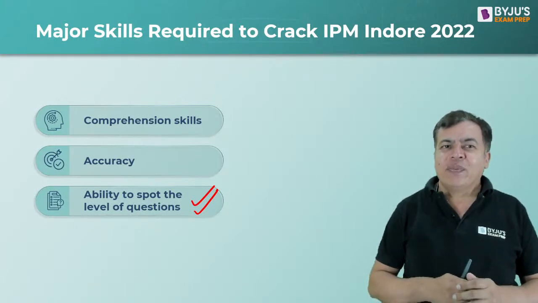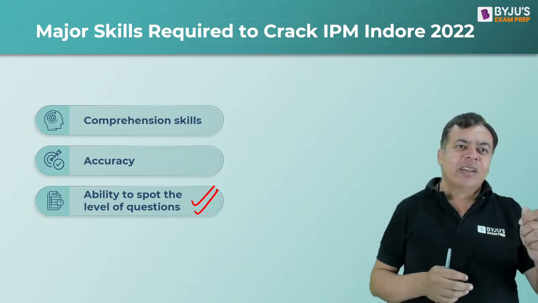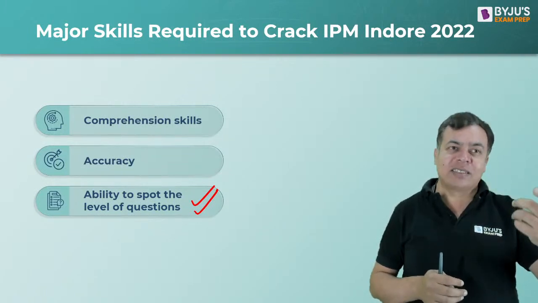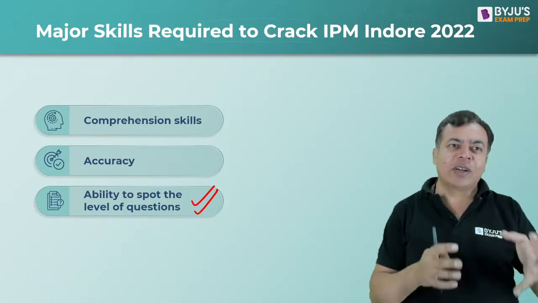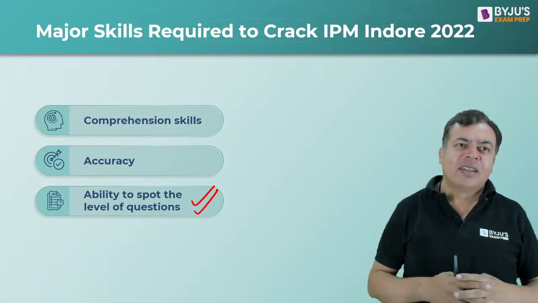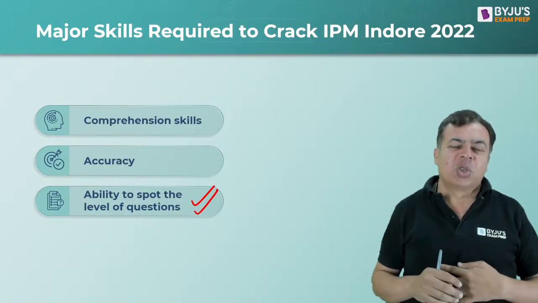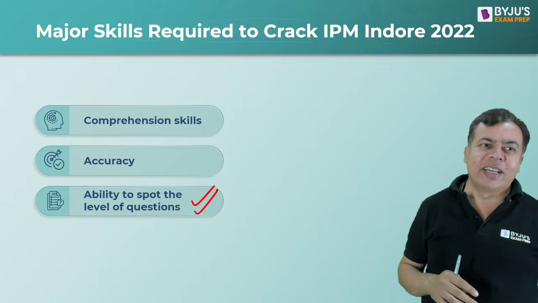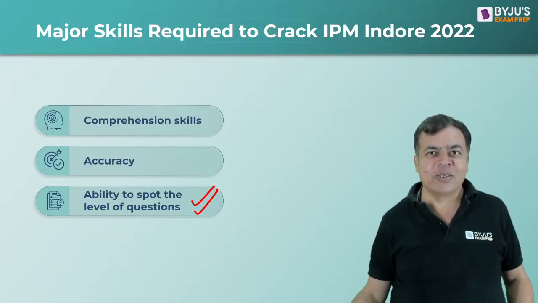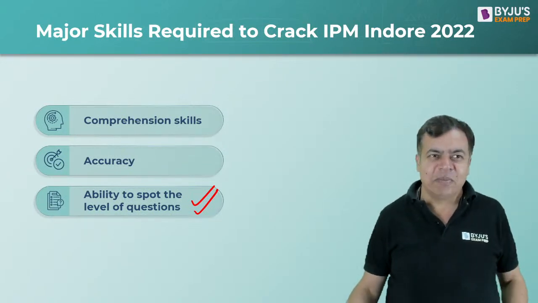If I am comfortable with, let's say, time speed distance, then I will be able to analyze and comment on the level of any question from that topic. That means I know that topic. So this is not an easy thing to do. Whoever can do this will definitely clear the cutoffs, rather definitely get through the exam.